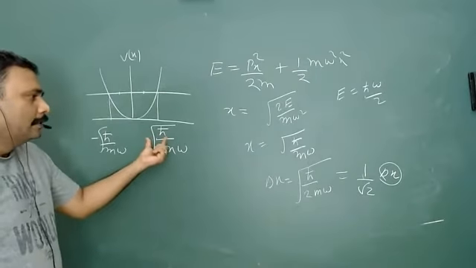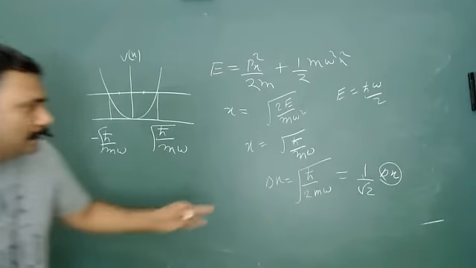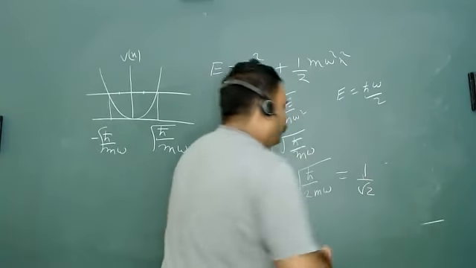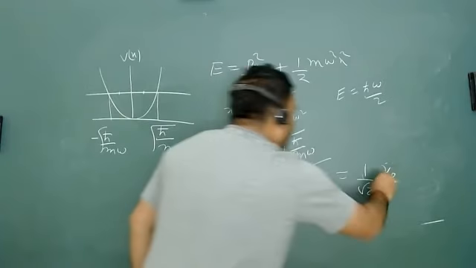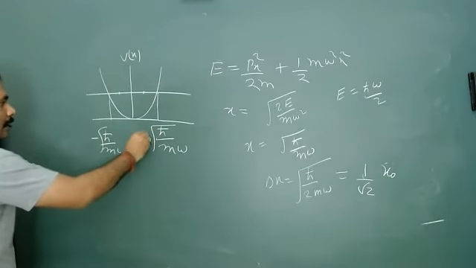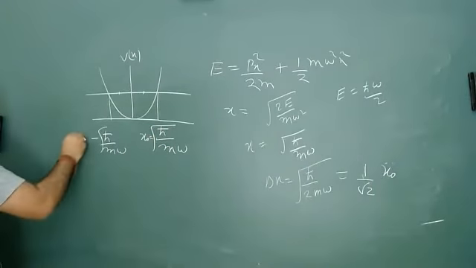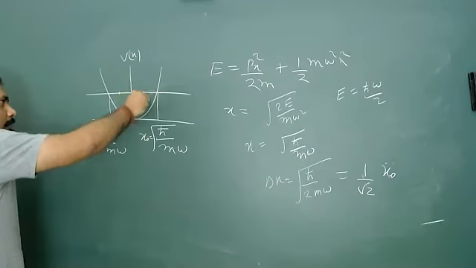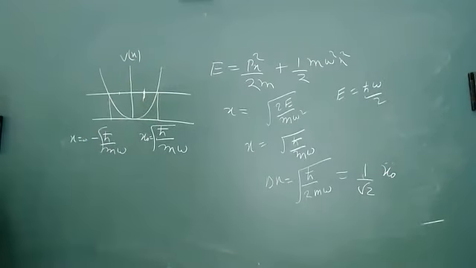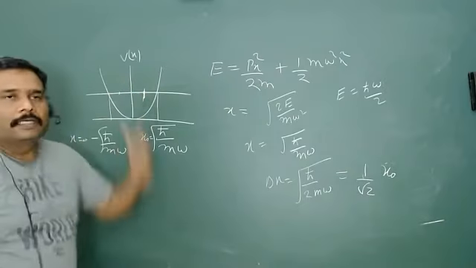So I can write this as x naught by root 2, at x naught. So delta x will be some point here, and this is actually the classical region.